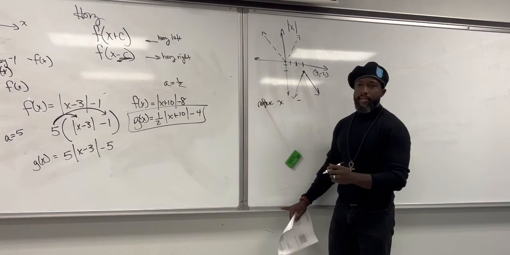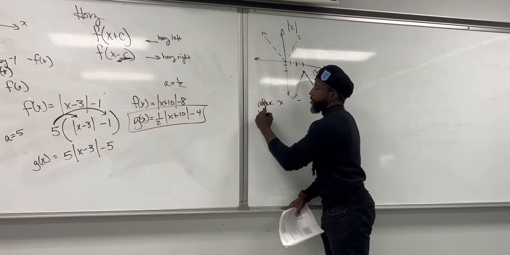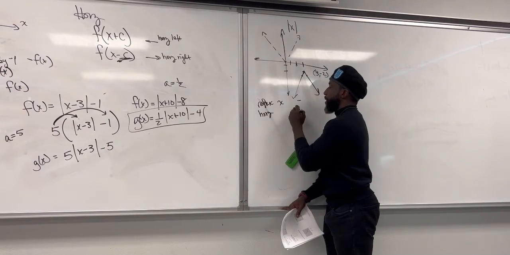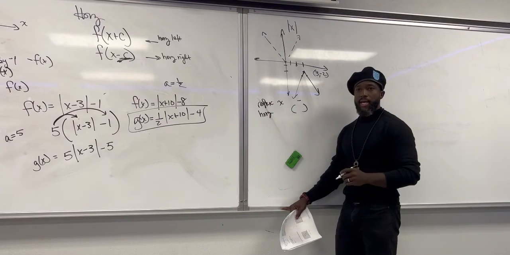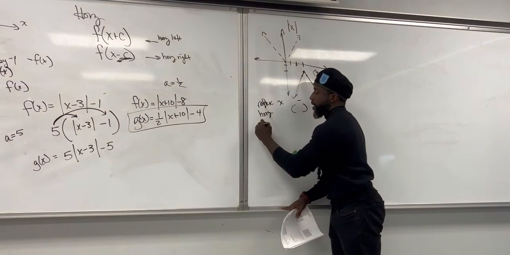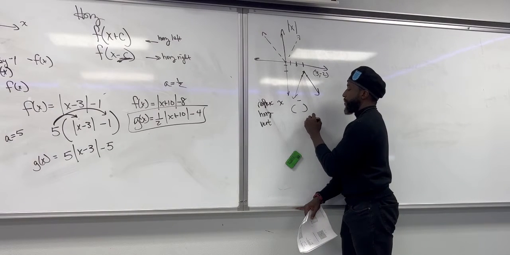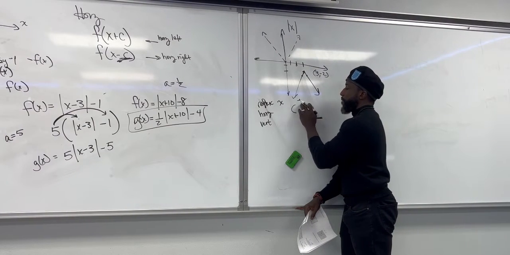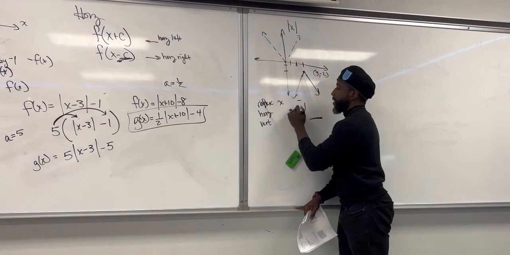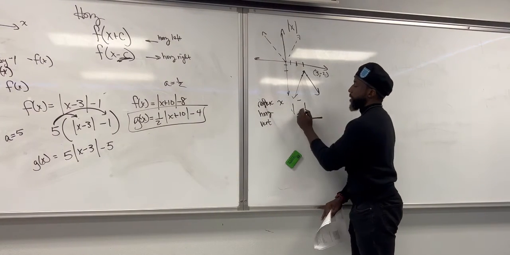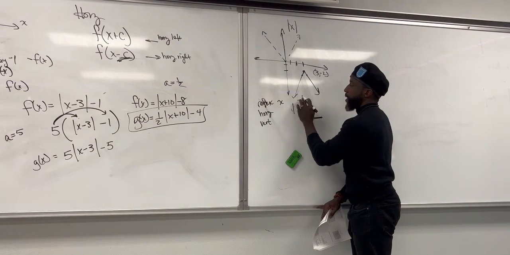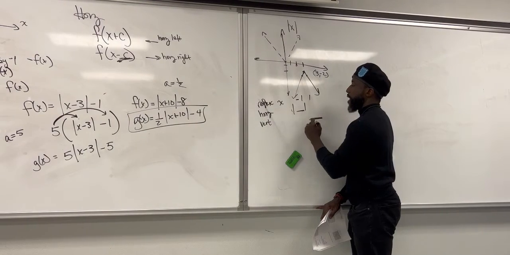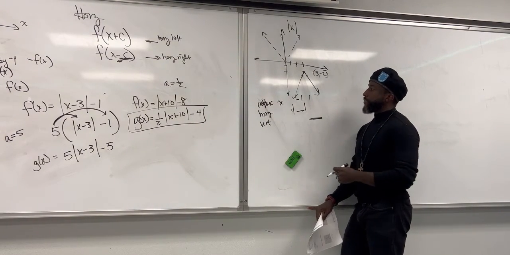You got a horizontal move, so that means it's going to be something on the inside. And then you got a vertical move, so that means it's going to be something on the outside. So we got something here, something here, and then the minus sign on the left outside.